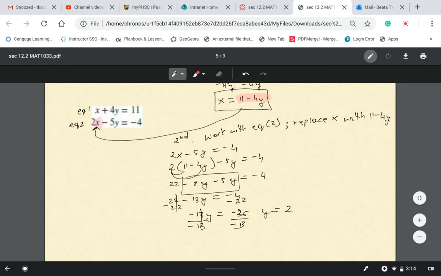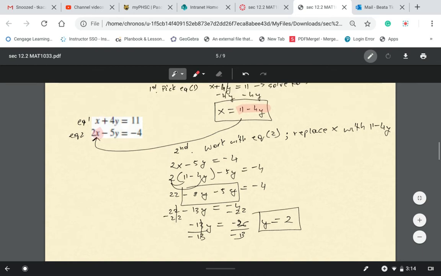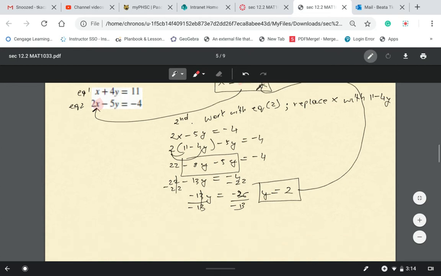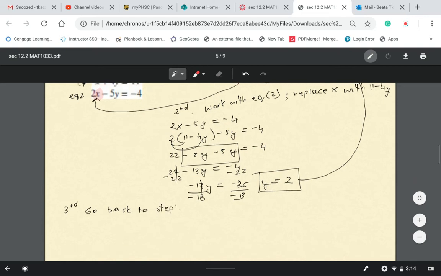So we know y is equal to 2, and now that we know y, look what happens. Now we're going back to our result from equation 1, and we're replacing y with 2. So third, go back to step 1, where we have that equation for x.